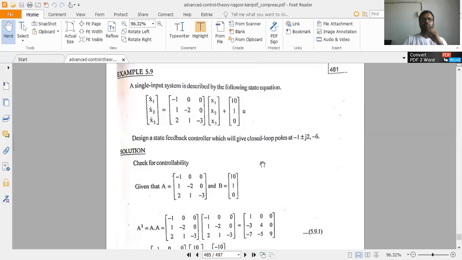So this is the statement of the problem. Initially, for determining the state feedback gain matrix, the system has to satisfy the controllability property.